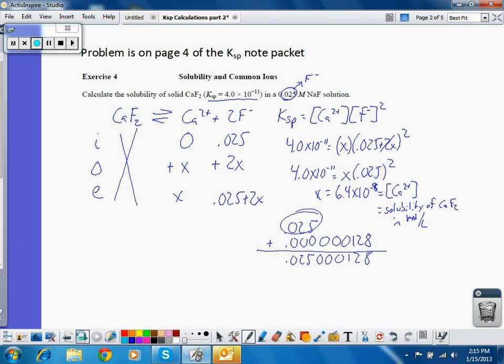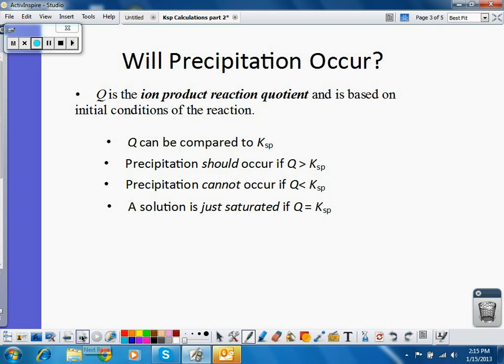Okay. Now let's look at Q. Again, Q, I don't know if I'm at equilibrium, and I compare the Q value to Ksp. Well, let's think about this. Remember, for the general Ksp expression, we have the concentration of A plus to the x times the concentration of B minus to the y, given this equation.